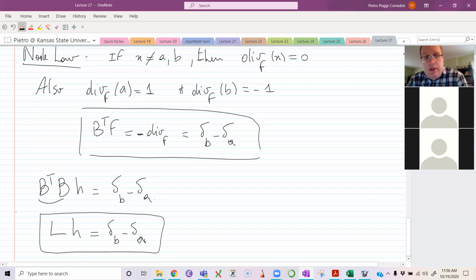That gives you an equation for the voltage potential, and it's a Laplacian system.